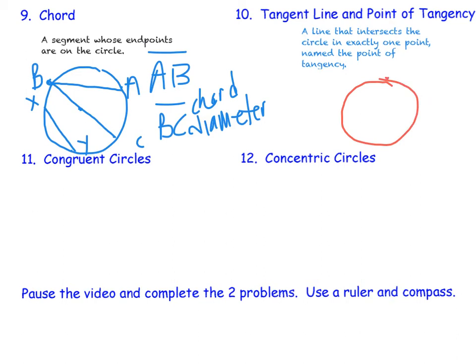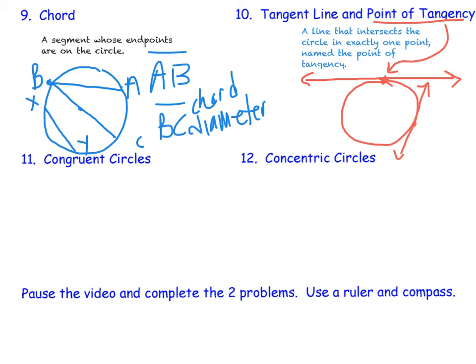Imagine a line touching the circle in exactly one point, and this point right here would be the point of tangency. Now, let's say you have a line over here that intersects the circle in exactly one point. This is called your tangent line, and that one point where it touches the circle is your point of tangency.